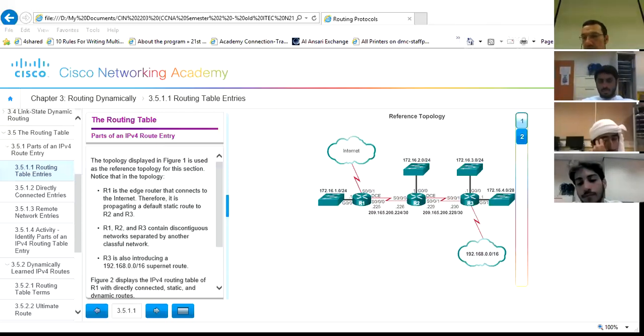R2 also connects to 172.16.2.0/24. R3 has another subnet of 172.16.3.0. Can you see a pattern there? Can you see some kind of commonality between the LAN connected to R1, the LAN connected to R2, and the LAN connected to R3?